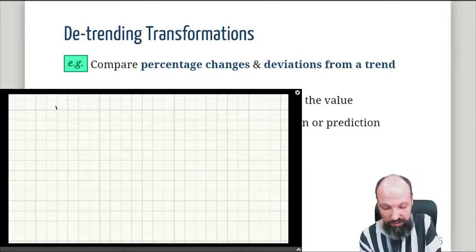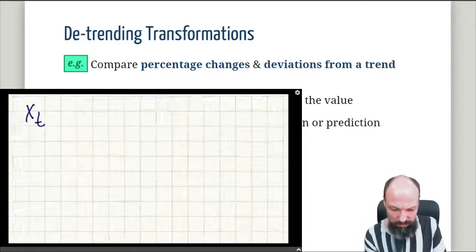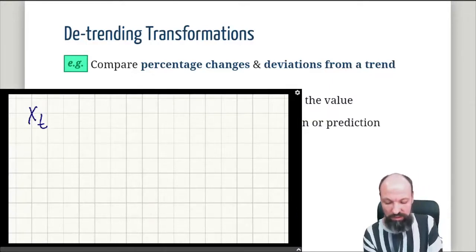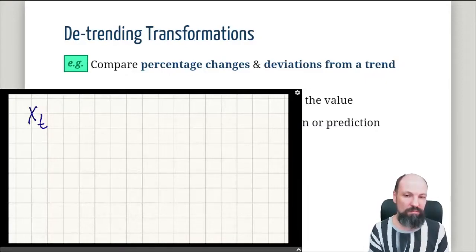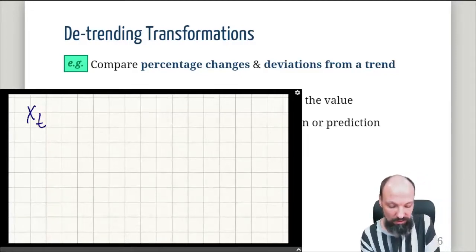If we had an original time series x_t, which is something potentially stationary, non-stationary, doesn't matter, but something that can make sense in percentage, if we compare how many percent the current value is of the previous value, then the percentage change is just this.